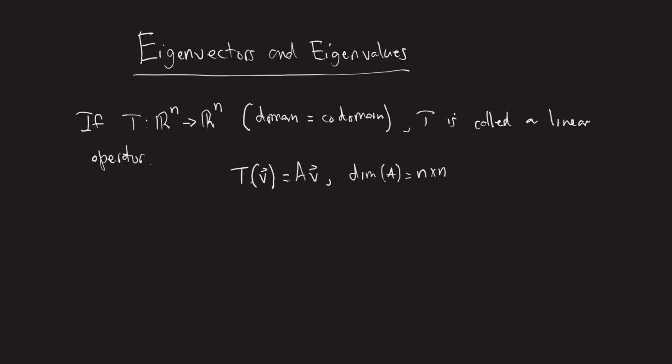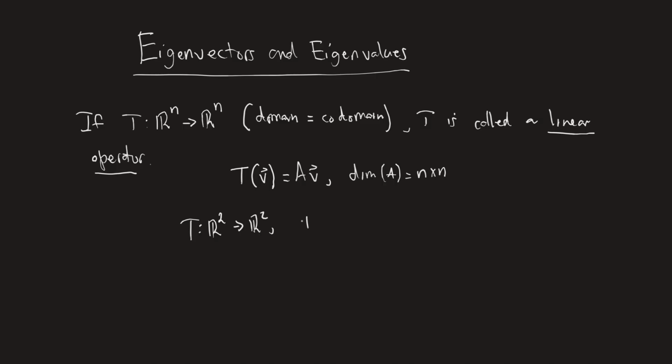Now I'm going to give an example of one of these linear operators. I'm going to keep it fairly simple so that we don't get too bogged down in the computations, so let's go from R2 to R2. Let's say we're just looking at vectors in the plane.